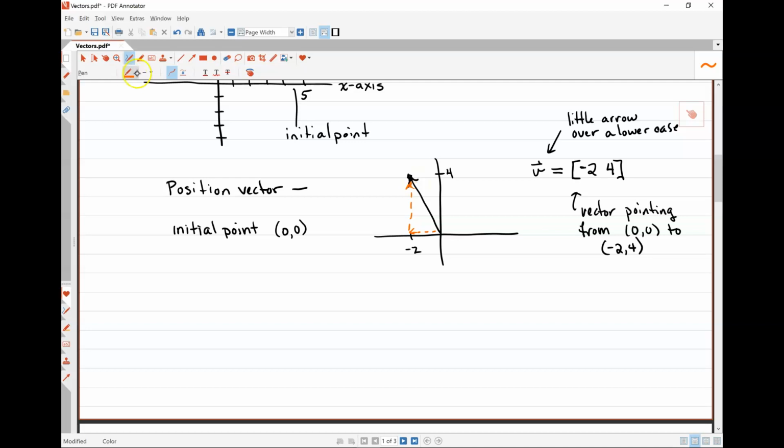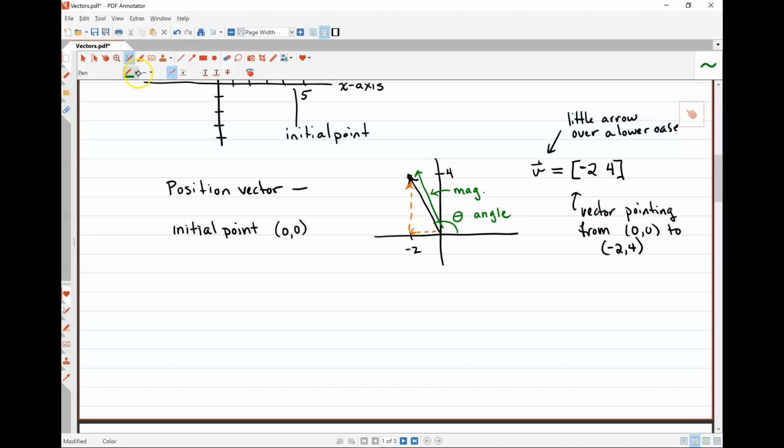But another way of describing the vector is by just saying something about a direction. So go in this direction and then go this far, right? In other words, we're giving a magnitude and an angle. So the magnitude tells us the distance that we need to travel, and the theta gives us the direction that we need to go in.